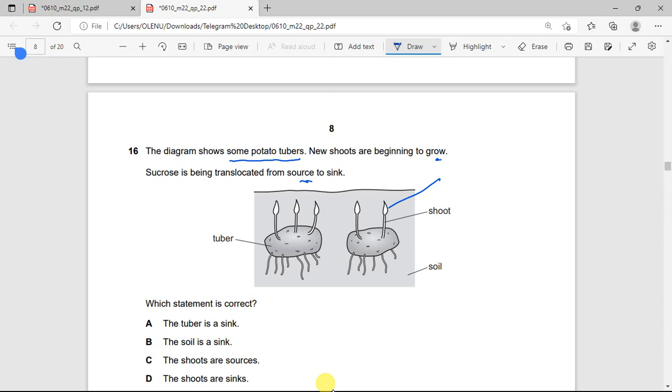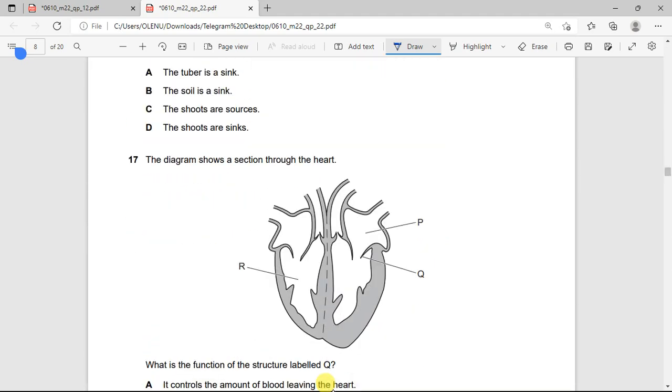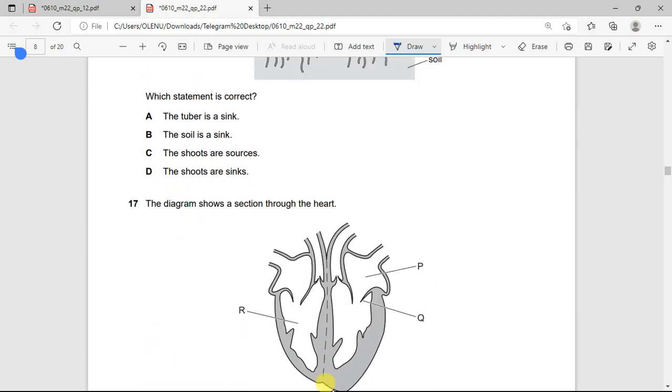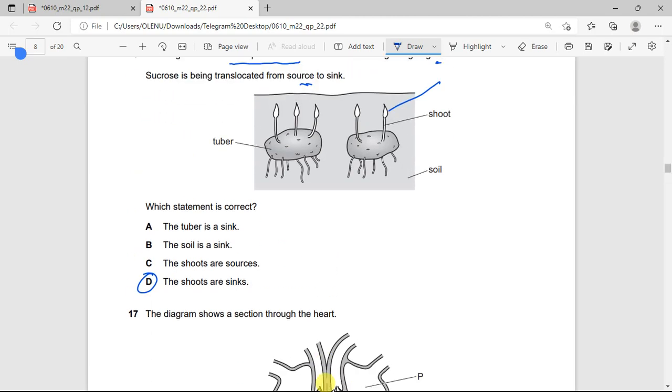The shoots are the sink. Remember, sink is where it is being stored or used. So the shoot is the sink, but the tuber will be the source because the leaf is not photosynthesizing, and sucrose is transported from source to sink. The shoot is the sink because at this point it is used.